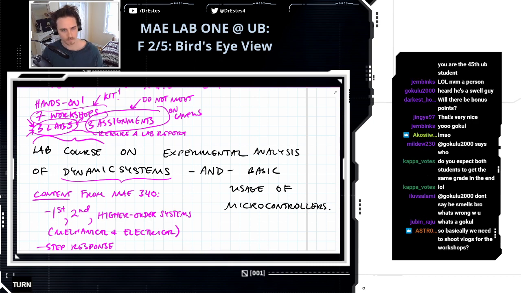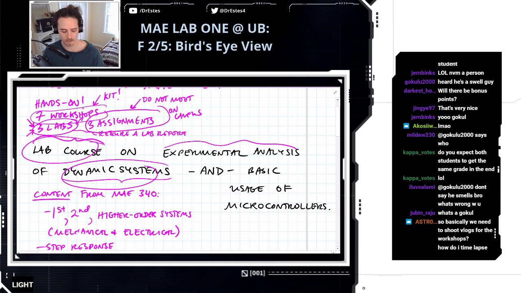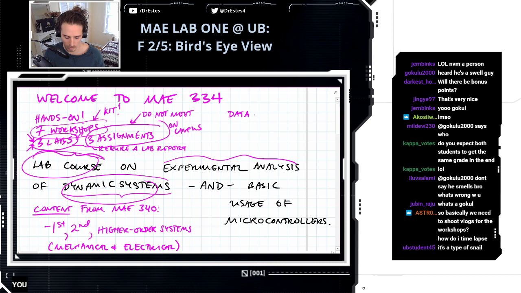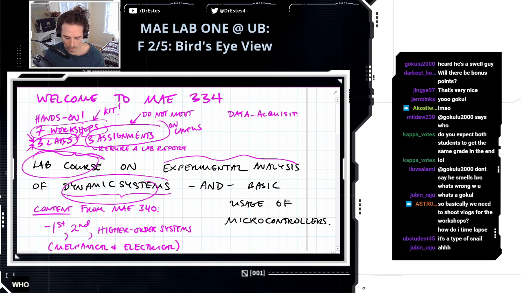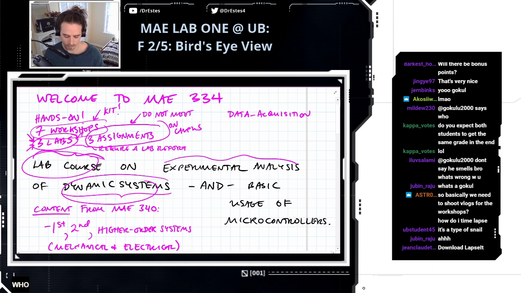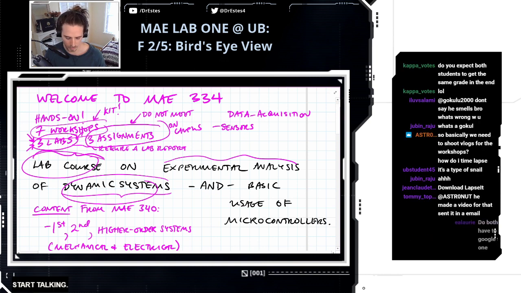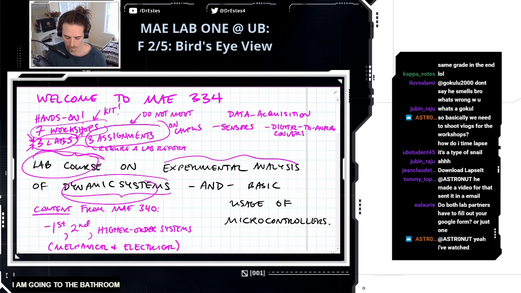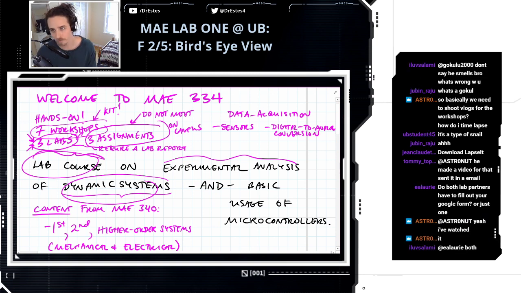Okay. So lab course, dynamic systems. Let's talk about experimental analysis really quick. We're going to be talking about data acquisition in this course, and we're going to be performing data acquisition. So we're going to be working with different sensors. We're going to talk about digital to analog conversion, which is a part of any time you're gathering data from sensors using a computer or microcontroller.